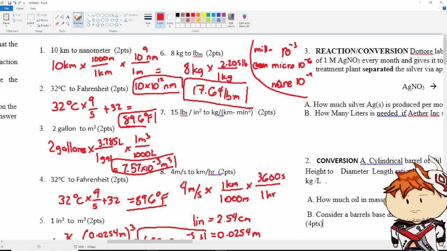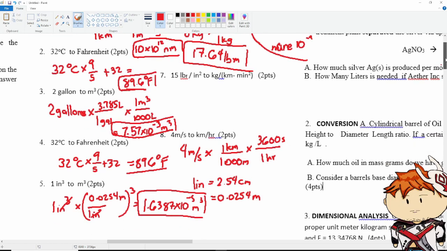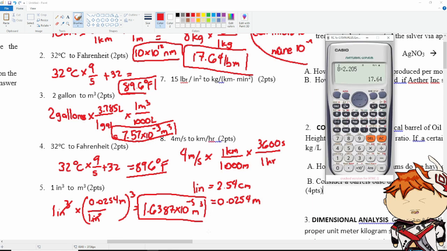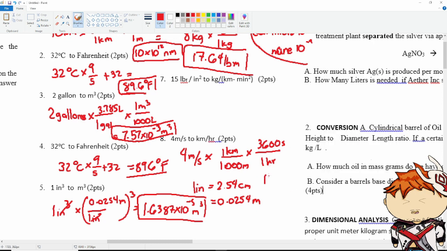So 4 times 3,600 divided by 1,000 is 14.4.